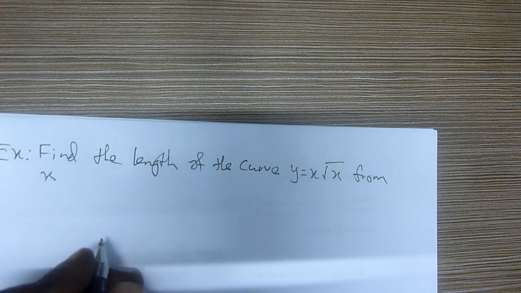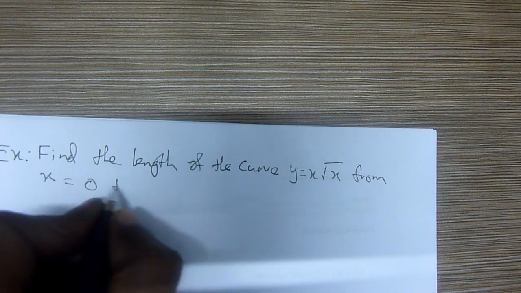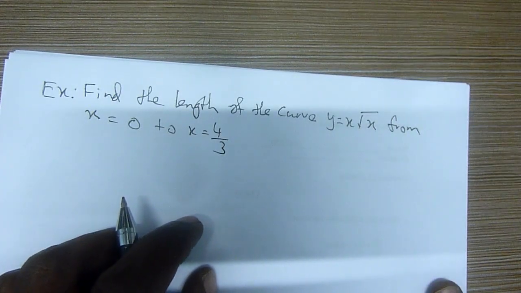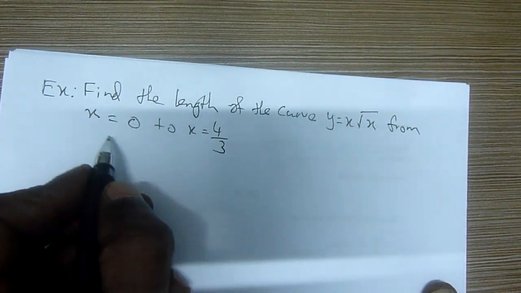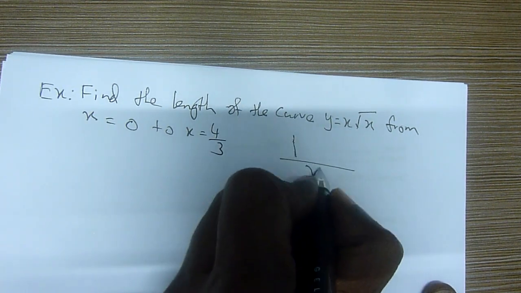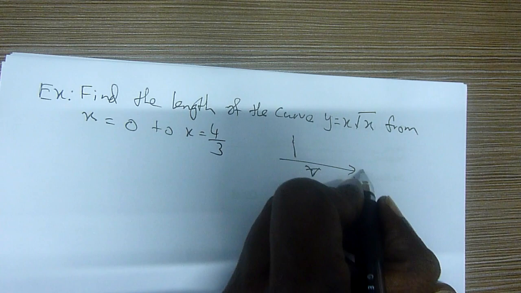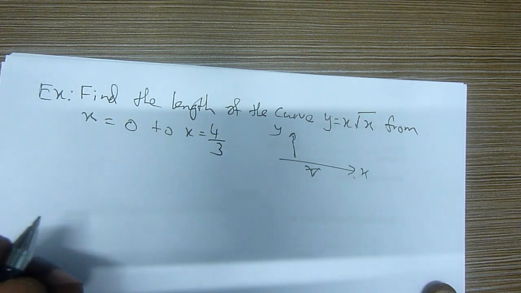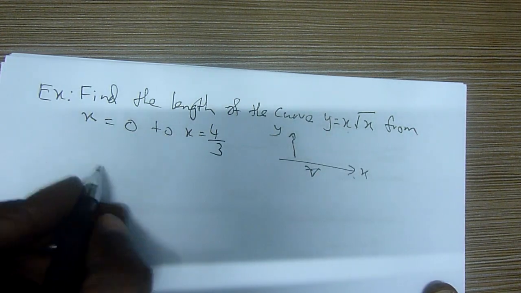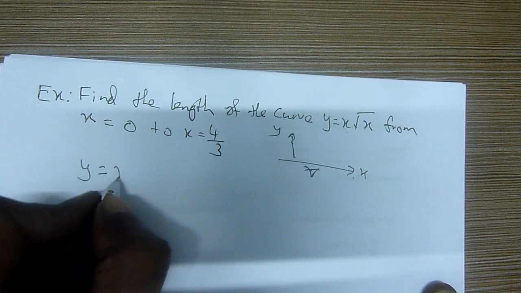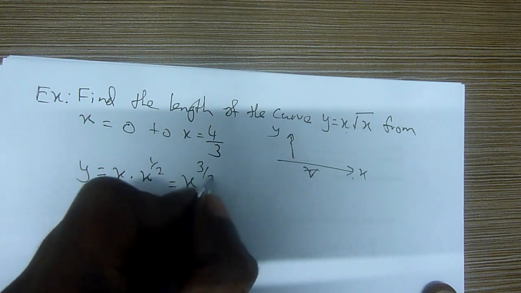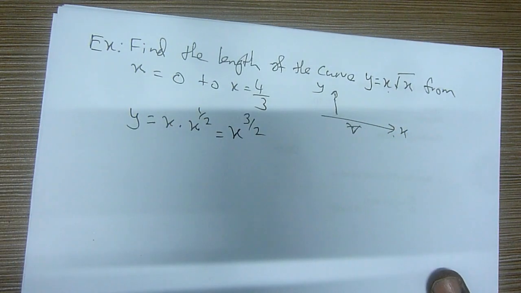This is obviously an x base, right? The base is x, then I'm looking from the x base. I know already what formula to use, right? Now let me simplify this formula here: y equals 1/2 times x to the power 3/2.